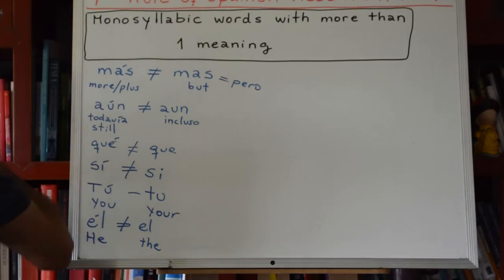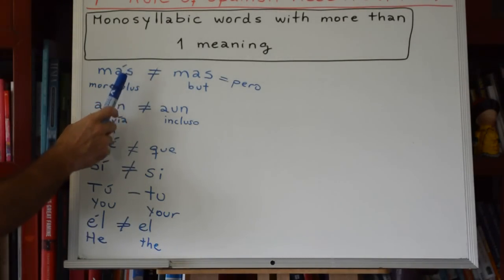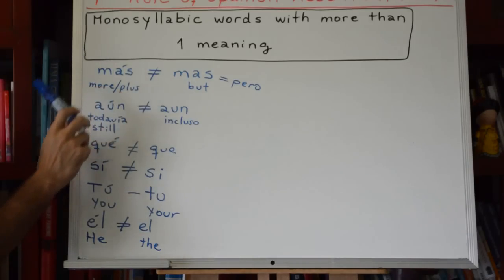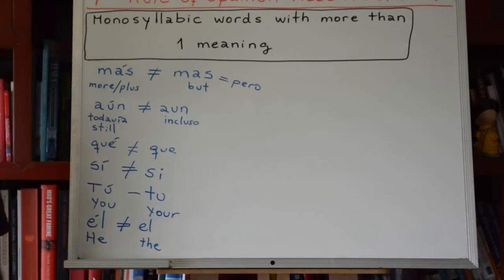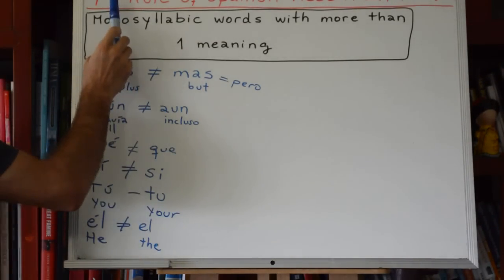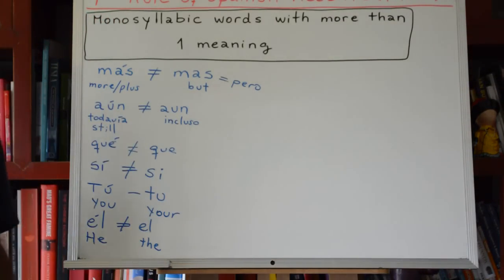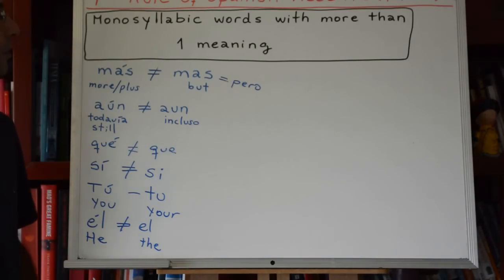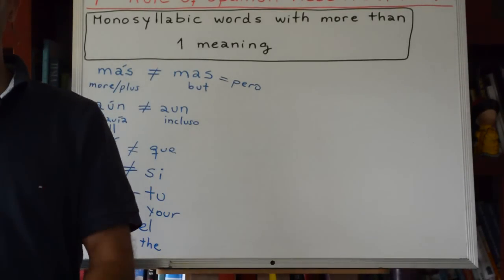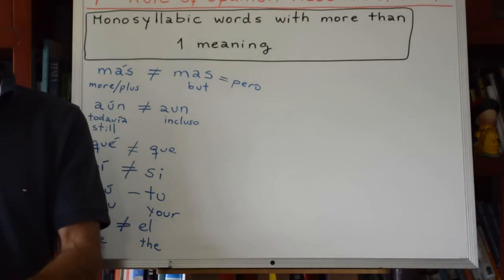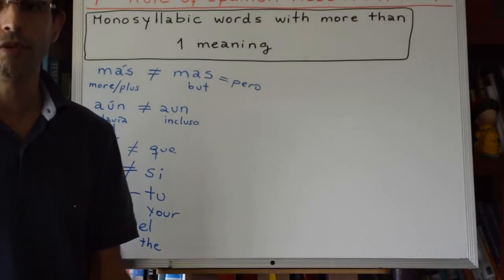So we have many more examples of monosyllabic words that will carry one meaning if they carry the tilde, and will carry a different meaning if they do not carry the tilde. So that is what the 4th rule of the Spanish accents is about, right? So it is important, you see. It is important because if you do not use the tilde where it goes and when it goes, the words may be meaning something different than what you are using the word for, okay?